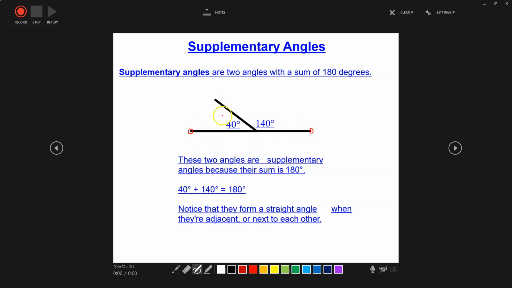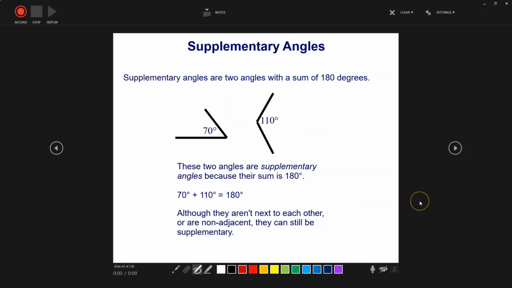If we take a look at these two angles, we have 40 degrees and 140 degrees. If you add those two angles, they equal 180 degrees, indicating that they are supplementary. And once again, the angles don't have to be adjacent. They could be two angles that are separate, but if they add up to 180 degrees, then they are supplementary.